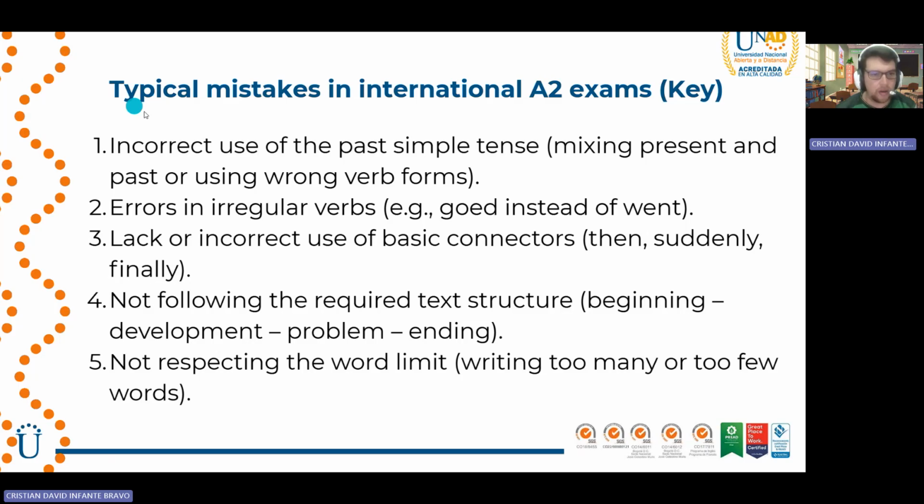Second, errors in irregular verbs, for example, goed instead of went. Third, lack of or incorrect use of basic connectors: then, suddenly, finally. Number four, not following the required text structure: beginning, development, problem, or ending. Number five, not respecting the word limit, writing too many or too few words.